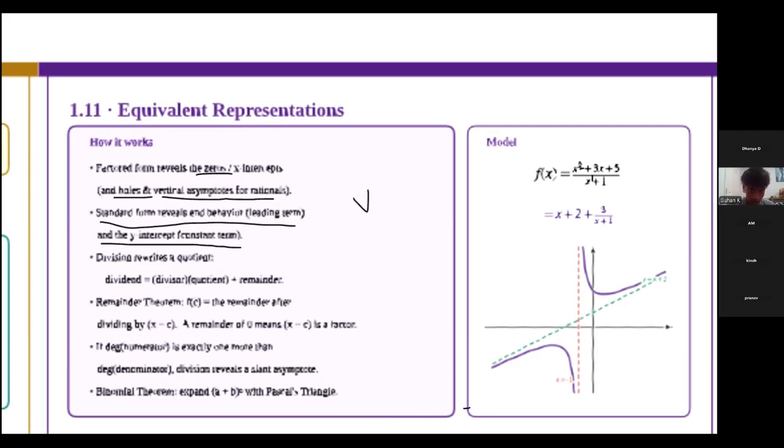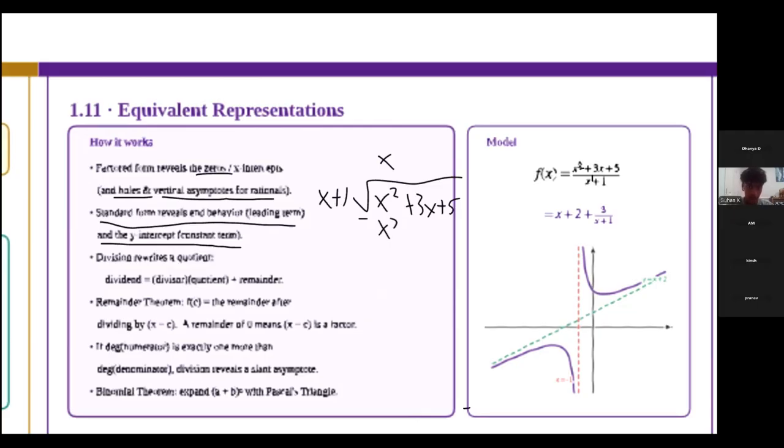So x squared plus 3x plus 5 being divided by x plus 1. First thing we do, x times what equals x squared? So x times x equals x squared. Then we multiply that by the whole thing, x plus 1, so x squared plus x.